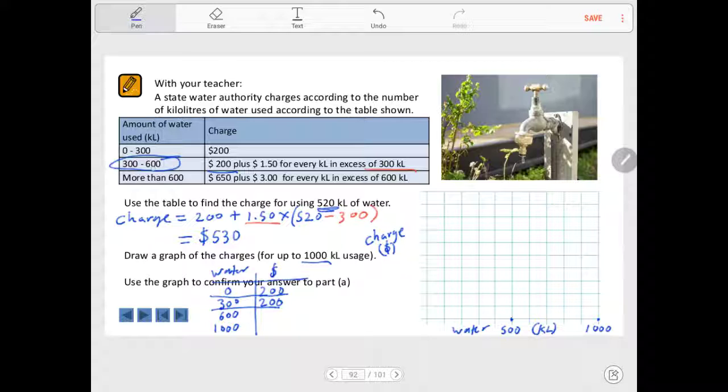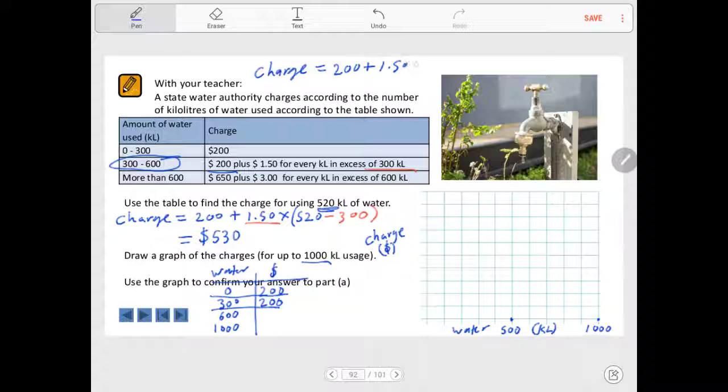Now, things change a little bit when we use 600 kilolitres. We're going to need to do a similar calculation to what we did up here, only we're going to use 600 rather than 520. So I'll do a calculation up the top here. So the charge for 600 is going to be this $200. We're in the same section of the table, the middle section, so we're using that sentence to find the charge.